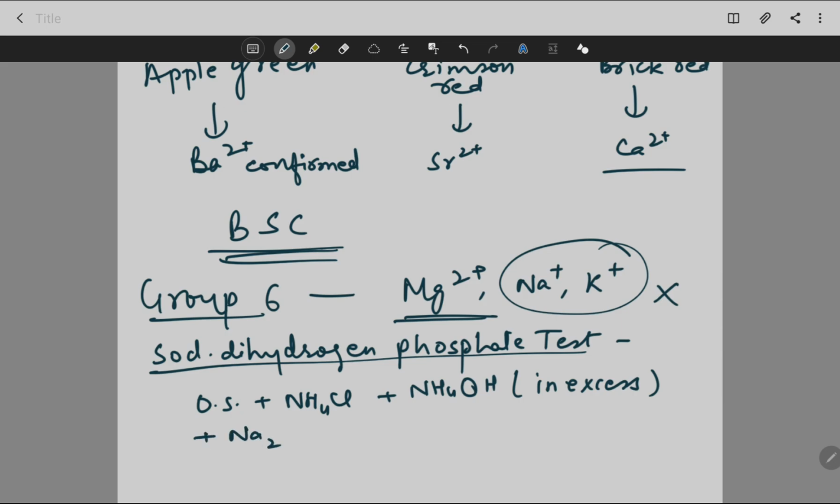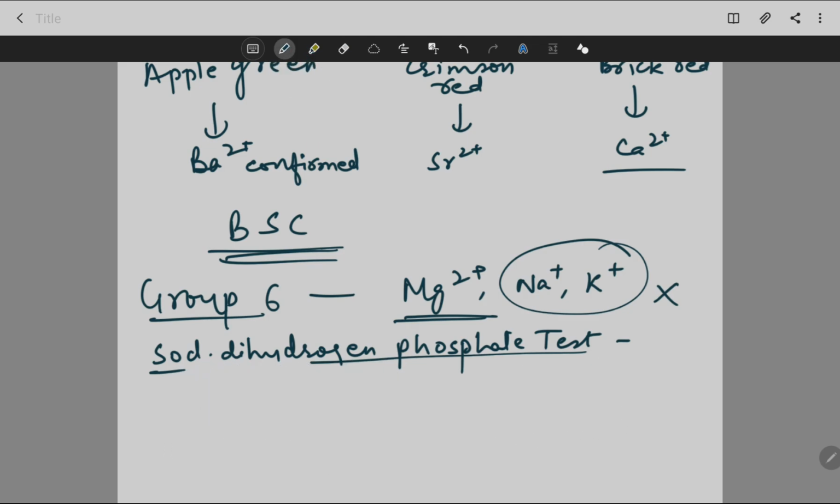We are adding ammonium hydroxide in excess, and now to this solution we will be adding sodium dihydrogen phosphate. So here, what are we taking? We are taking the original solution.